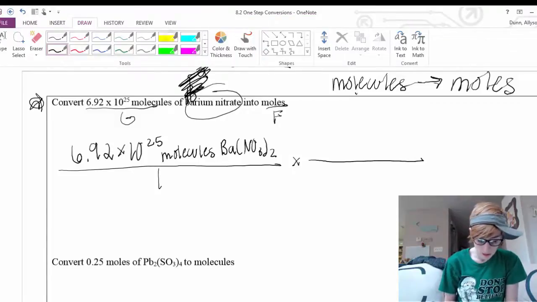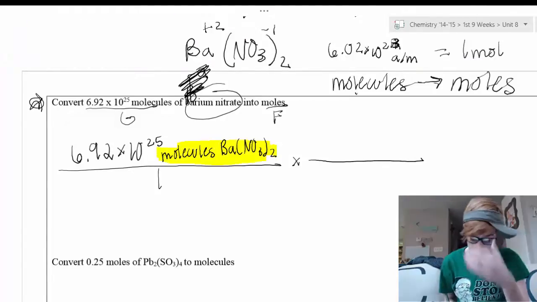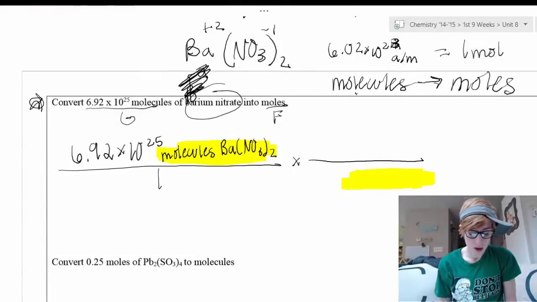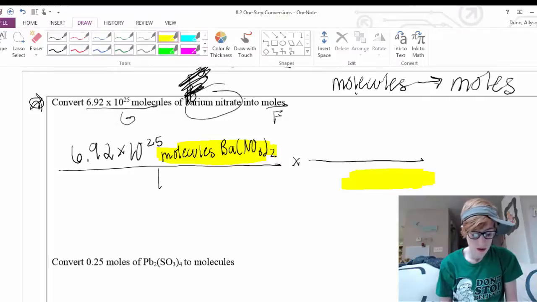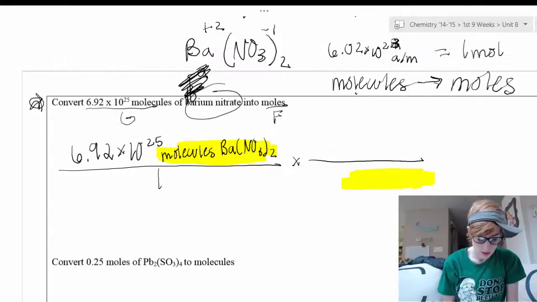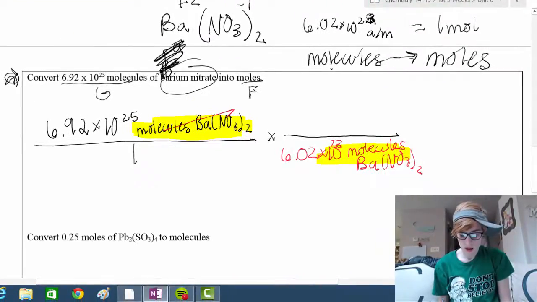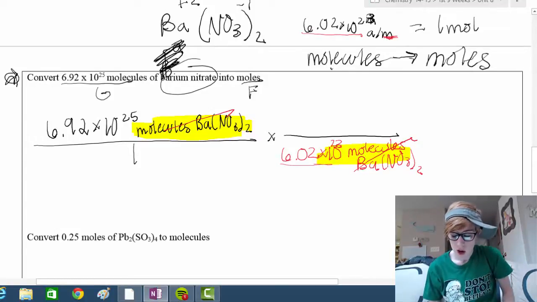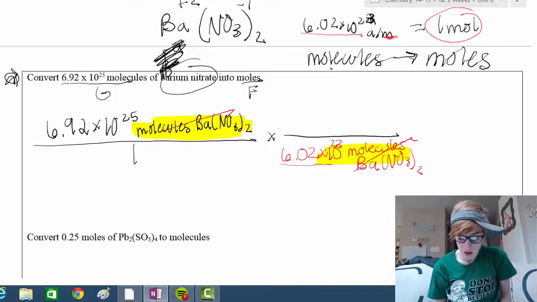I have molecules up here, so I want molecules of Ba(NO3)2 on the bottom right so that I can cancel them out. I put 6.02 times 10 to the 23rd molecules on the bottom, because that's the number that goes with molecules. 1 mole is left over, so that goes on the top.